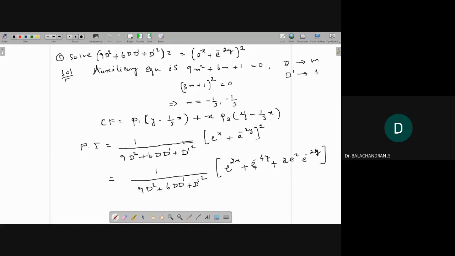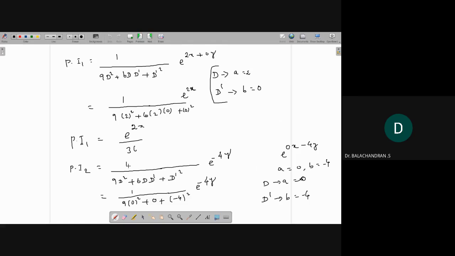The second is e^(-4y). So PI2 equals 1/(9D² + 6DD' + D'²) e^(-4y). Again, you should write e^(-4y) in the form of e^(ax+by).